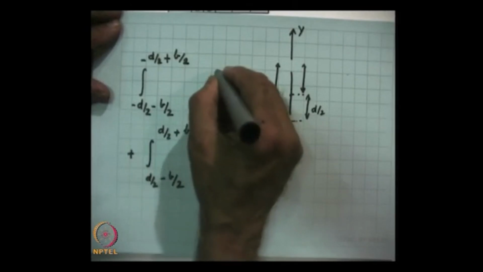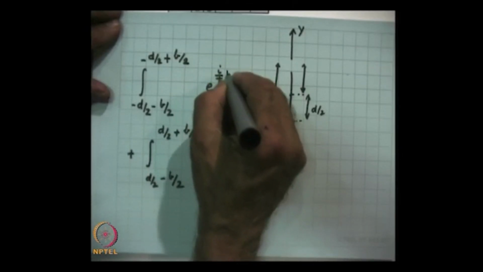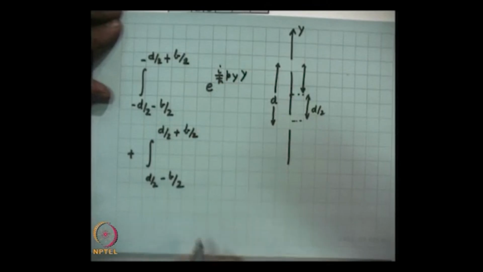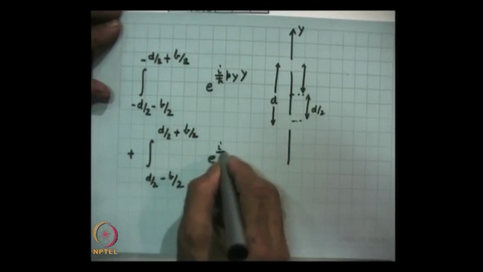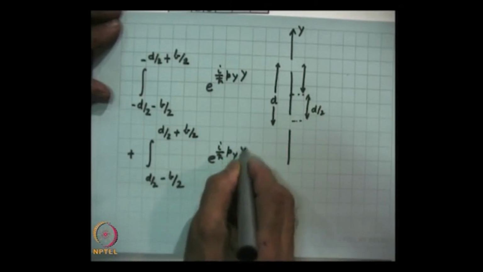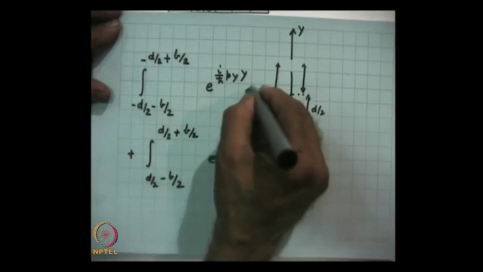And we have the integral of e to the power of i by h cross p y y multiplied by dy.